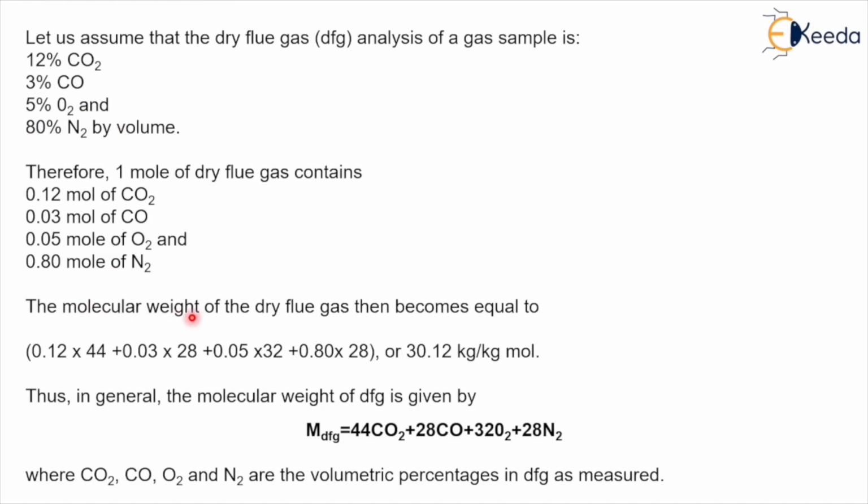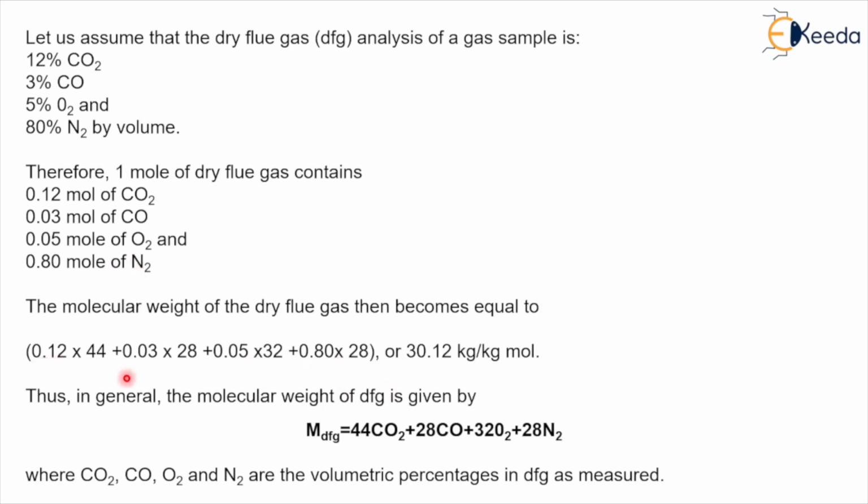The molecular weight of dry flue gas is calculated like this: 0.12 multiplied by the molecular mass of carbon dioxide, 44, plus 0.03 into the molecular mass of carbon monoxide, 28, plus 0.05 into the molecular mass of oxygen, 32, plus 0.80 multiplied by 28, the molecular mass of nitrogen.